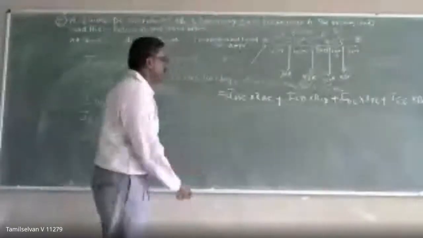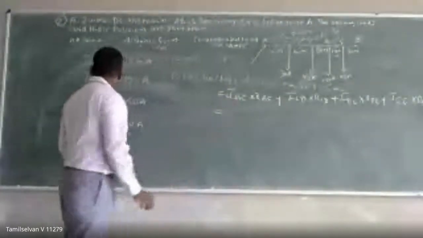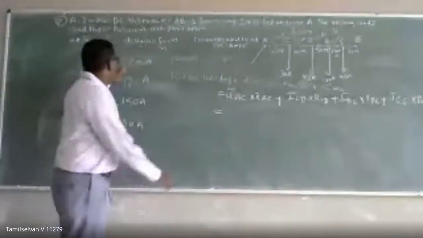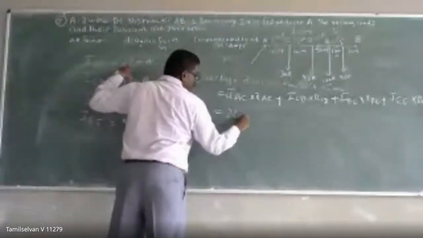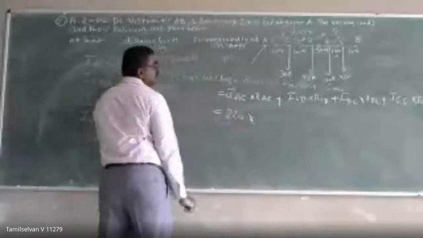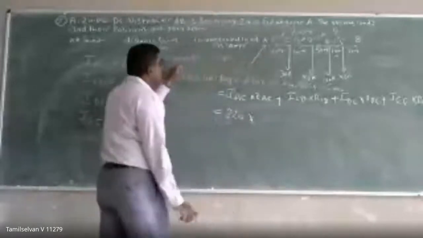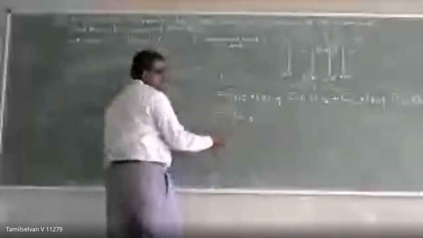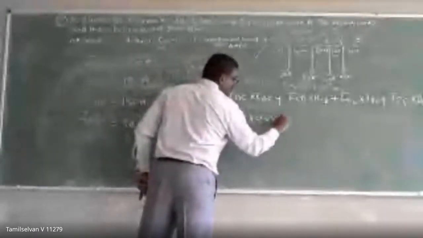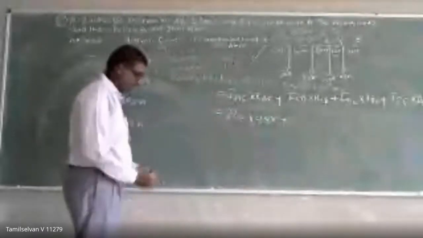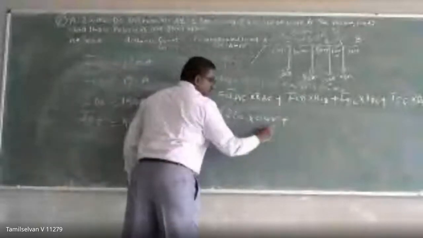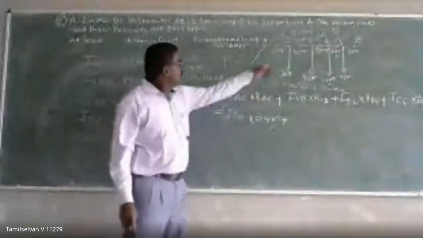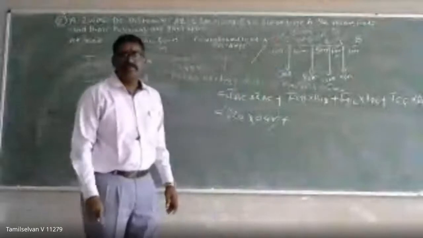What is the current in AC? That is 220 ampere. What is the resistance of the section? For every 100 meter it is R, so for 40 meter it is R into 40 by 100, which is 0.4 R. This is the voltage drop in the section AC.